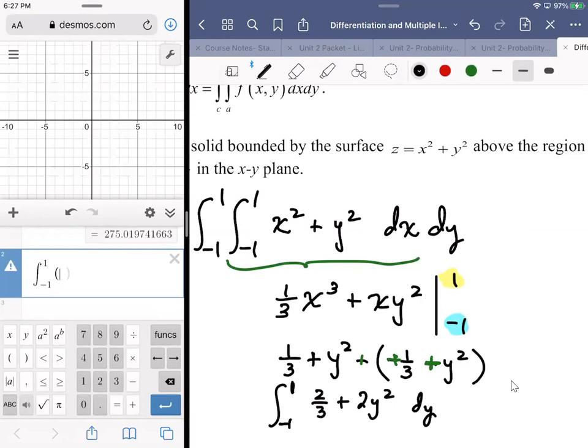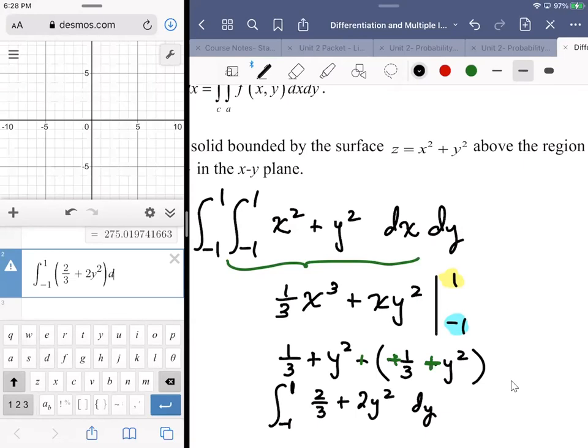If you notice something like origin symmetry, where, for example, you have equal parts on the left side and the right side, part of it's positive, part of it's negative, and it would cancel out and save yourself some time and energy, you can go for that. But that's not the case here because this is an even function. So the best you could do is find 0 to 1 and then double it. But that's kind of a waste of effort here.